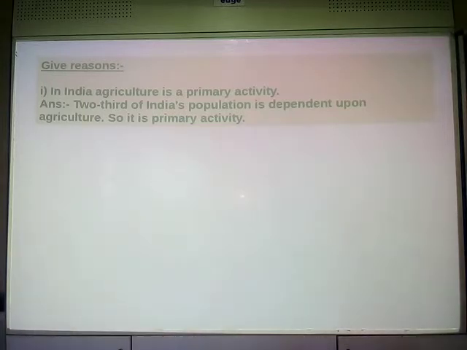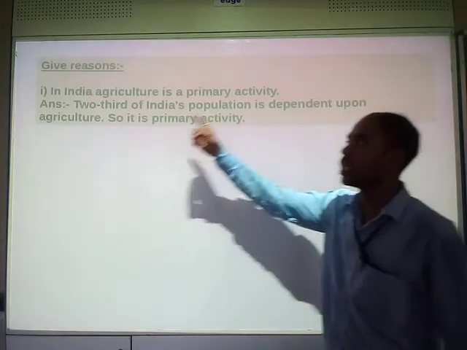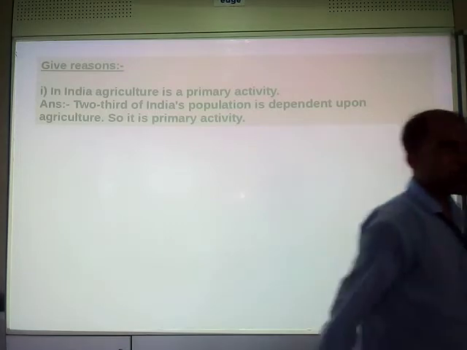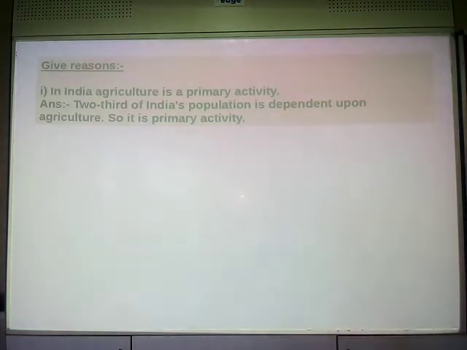Clear? Yes, because two-thirds of India's population is dependent upon agriculture, and about 50% of the people are engaged in it. That's why it is a primary activity.